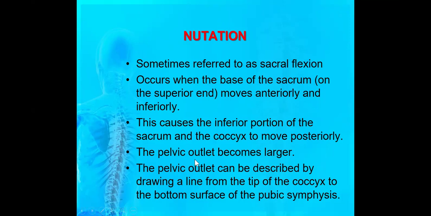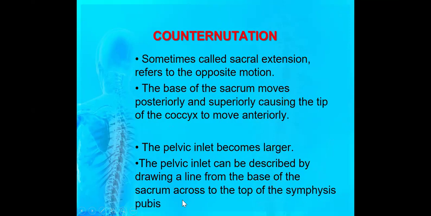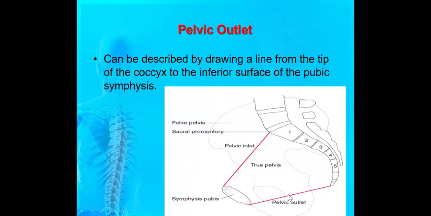When there is nutation, the pelvic outlet becomes larger. It's very important. The pelvic outlet can be described by drawing a line from the tip of the coccyx to the bottom surface of the pelvic symphysis. This is actually the pelvic inlet.